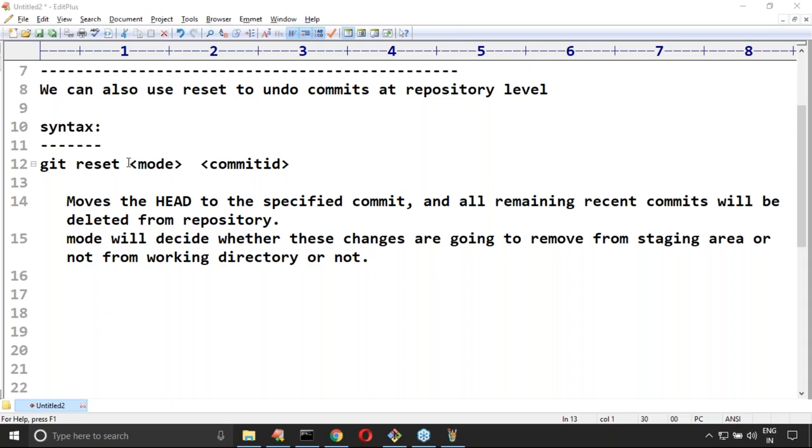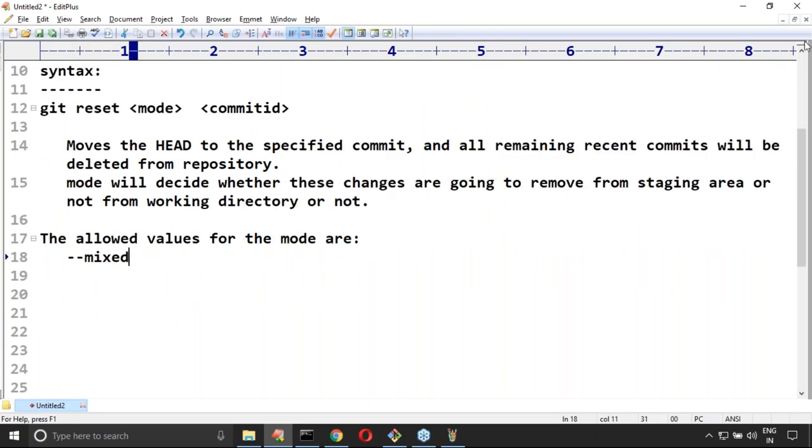Next, what are the various modes available? The allowed values for the mode are mixed, soft, and hyphen hard. Very important question for the entire room: reset modes, what are the various modes available, and what is the difference between these?